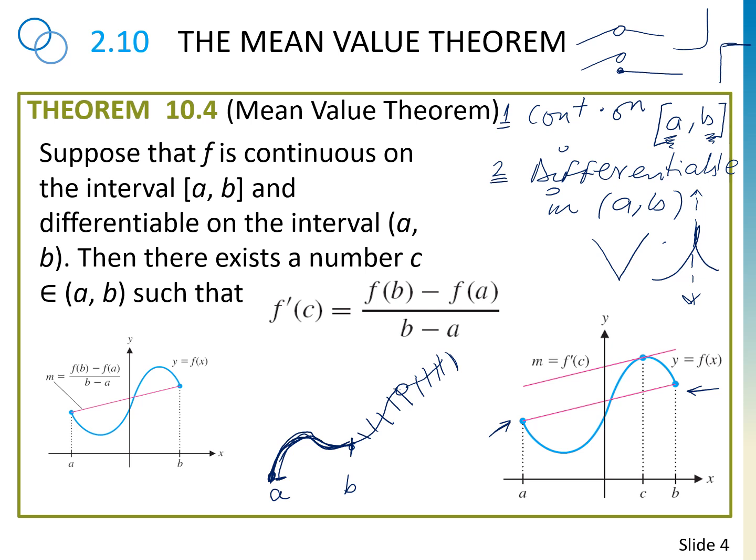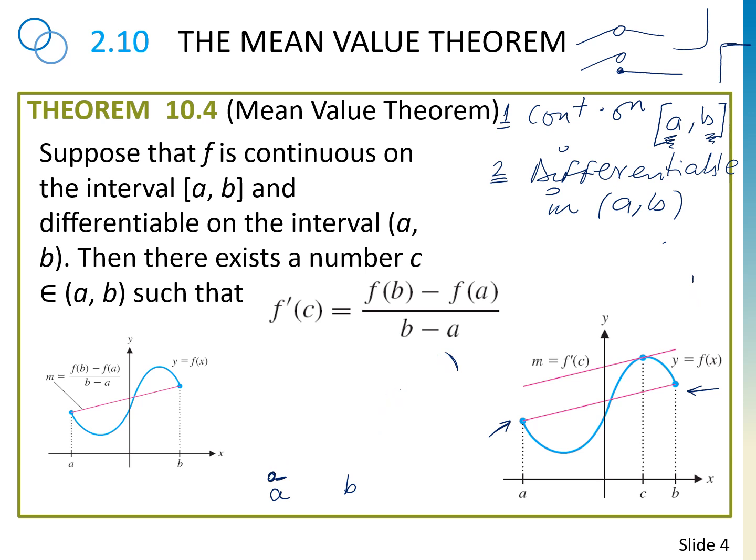So the curve must be smooth. Or in other words, the derivative of the function from the left hand side should be equal to the derivative of the function on the right hand side, which is not the case for the absolute value function.